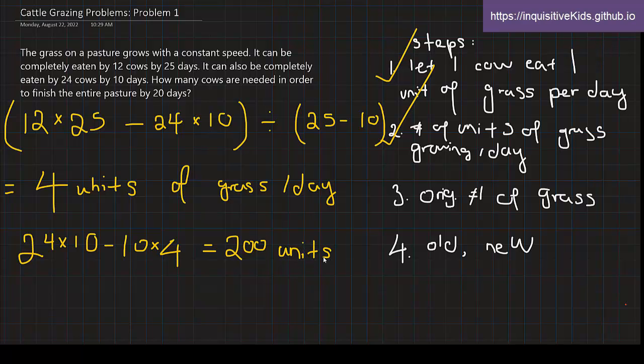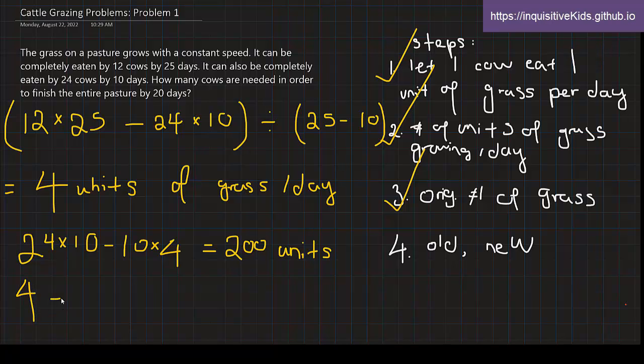Okay, so 200 units of grass, and we know that we're trying to find how many cows are needed to finish the entire pasture by 20 days. We know there are 4 units of grass growing per day. So let's first have a portion of cows take care of these 4 units of grass per day. That would be 4 cows that always eat the new grass.